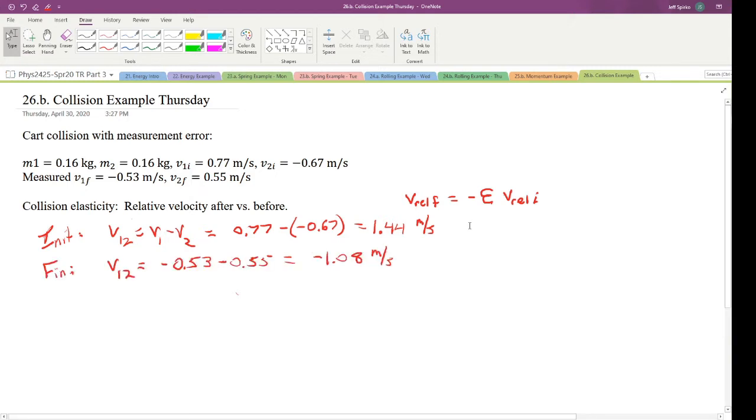And then in the final state, the subtraction of the velocities is a negative velocity minus a positive velocity, which gives a very negative 1.08 meters per second velocity. And then if we plug those into the elasticity formula, the minus sign is definitely still there, and we can just divide 1.08 over 1.44 after canceling the minus signs to get a collision elasticity of 0.75, or a 75% elastic collision.